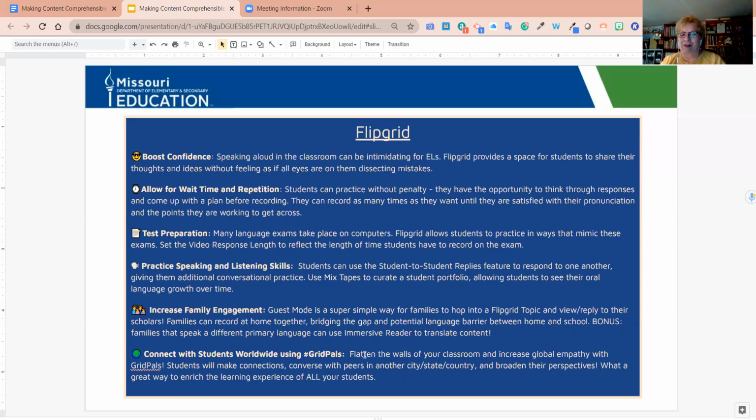And then there's also something called Grid Pals, where they can connect with people all over the world and have kind of pen pals if you were interested in taking it a step further. We actually had a class pen pal, and we would talk to students in other places and have conversations as a class. So that was kind of fun.